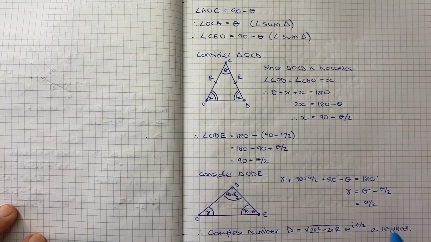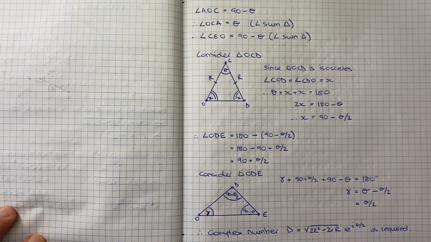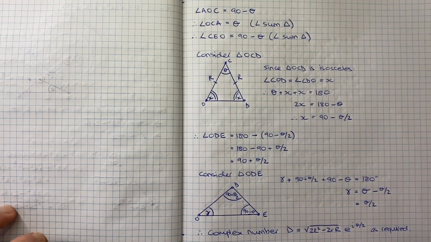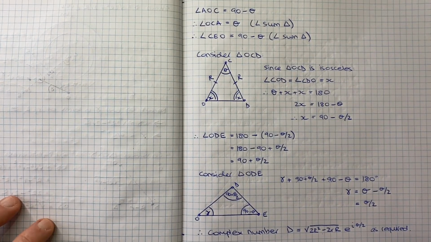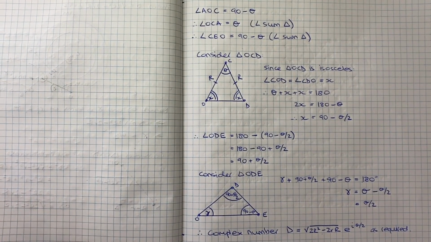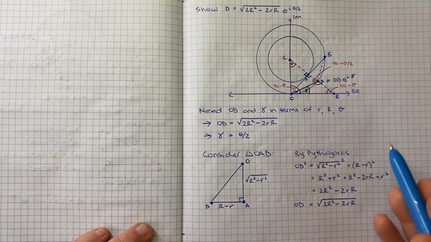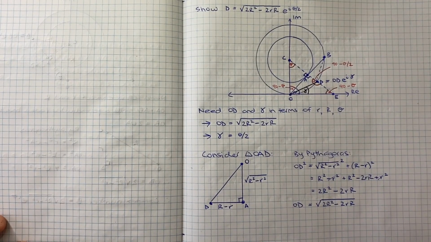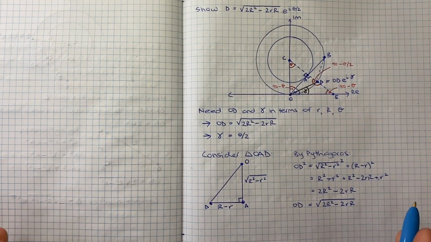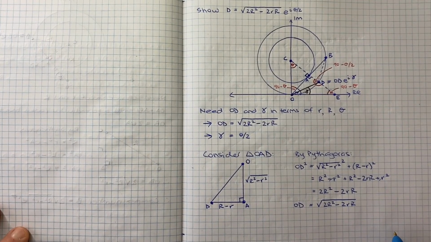So hopefully that's all made sense for you. I think it is certainly a tough question to have to face in an exam. I think where a lot of students might struggle is they might get a bit overwhelmed with all the information thrown at them in this diagram. And also, there's a little trick to it, I guess, because you might be inclined to think this is a complex number question.